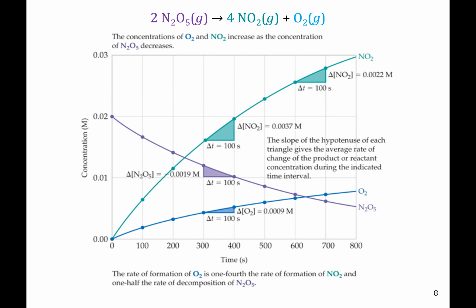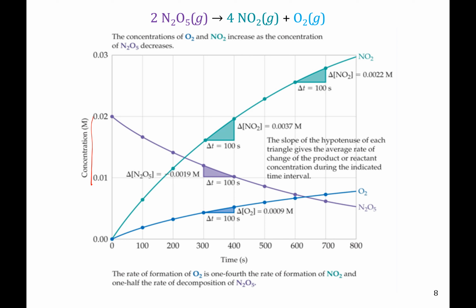If we take a look at a plot of the same data, in the purple line we have the N2O5, in the green line we have the NO2, and in the blue line we have the O2. So here we're plotting concentration versus time.